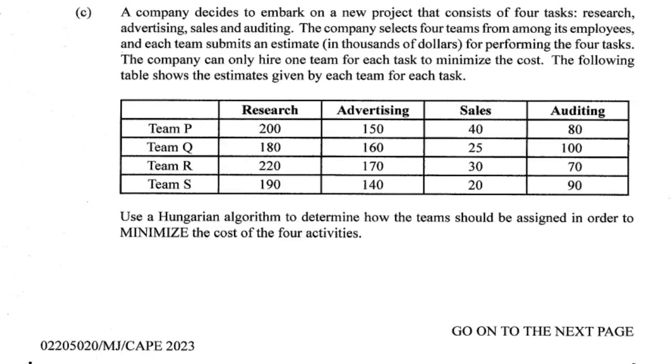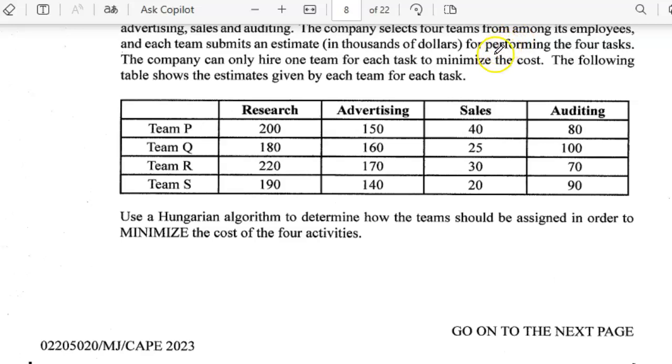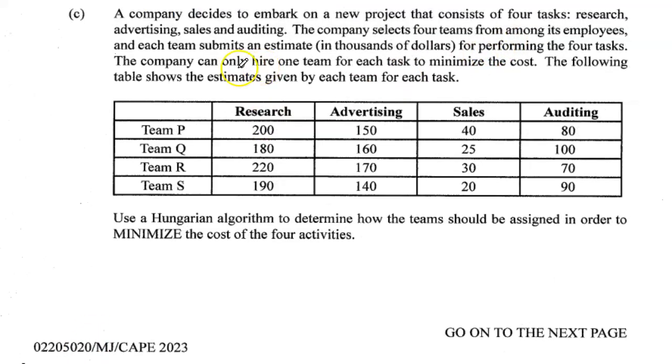Let's move on to part C. It seems to be a Hungarian algorithm assignment problem. A company decides to embark on a new project that consists of 4 tasks: research, advertising, sales, and auditing.